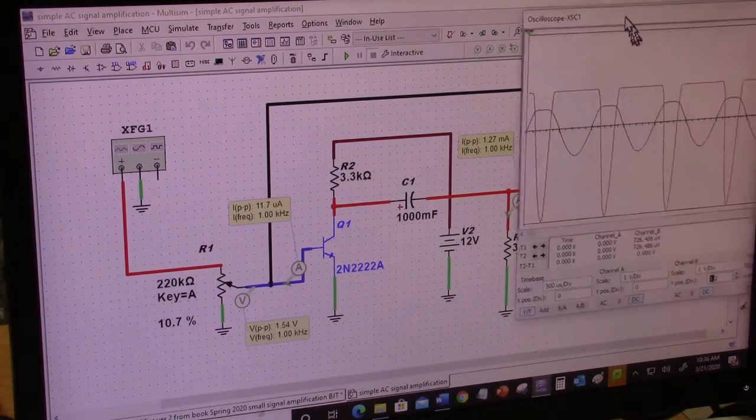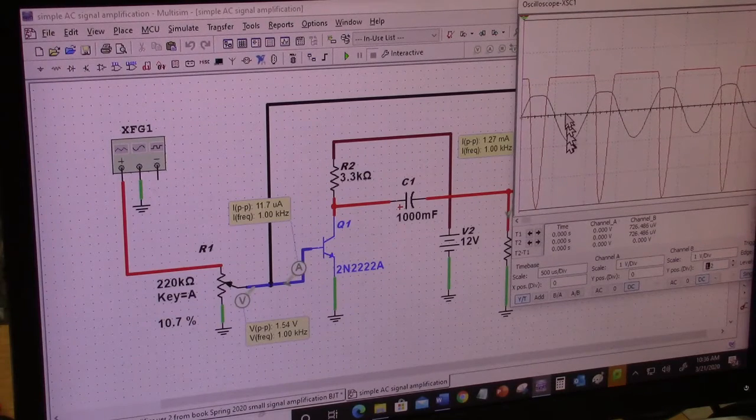The black line is the input signal, the red line is the output signal. And we saw the frequency did not change from the input to the output, but the signal was amplified.